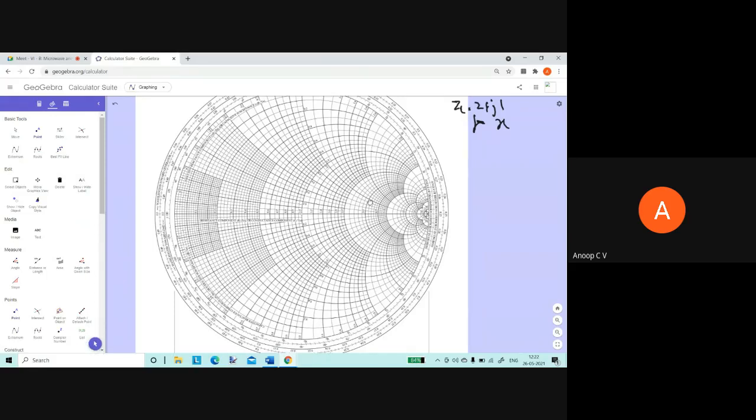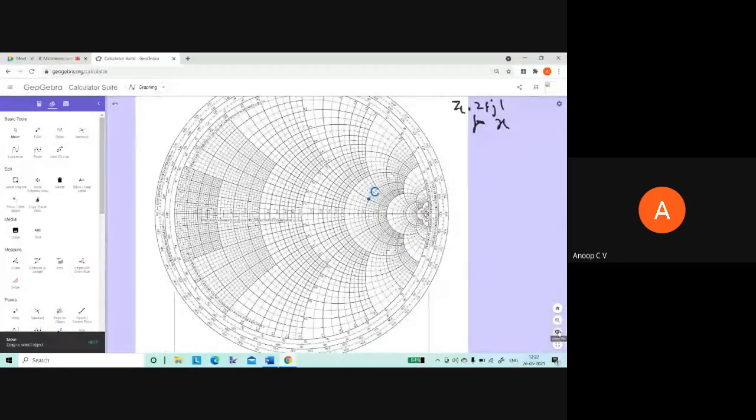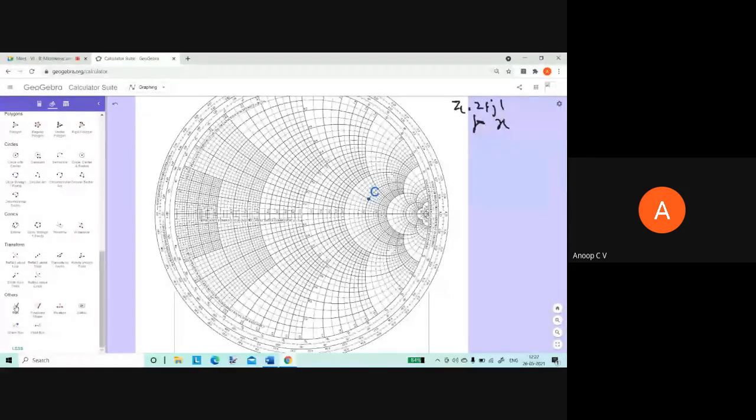So this is the line. Maybe before that I should zoom in a bit. So this is the point, which is ZL. C is ZL. I'll mark again. Please forgive me. If I go down, I have to take the pen again, then only I'll be able to mark.